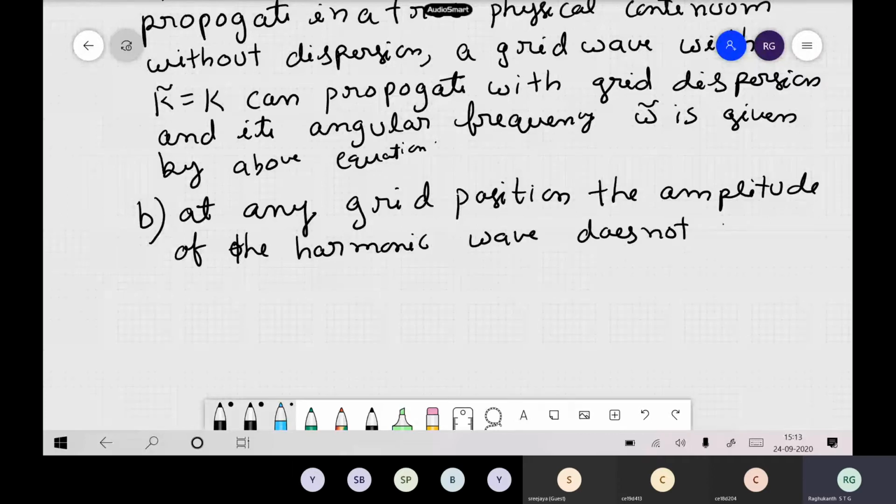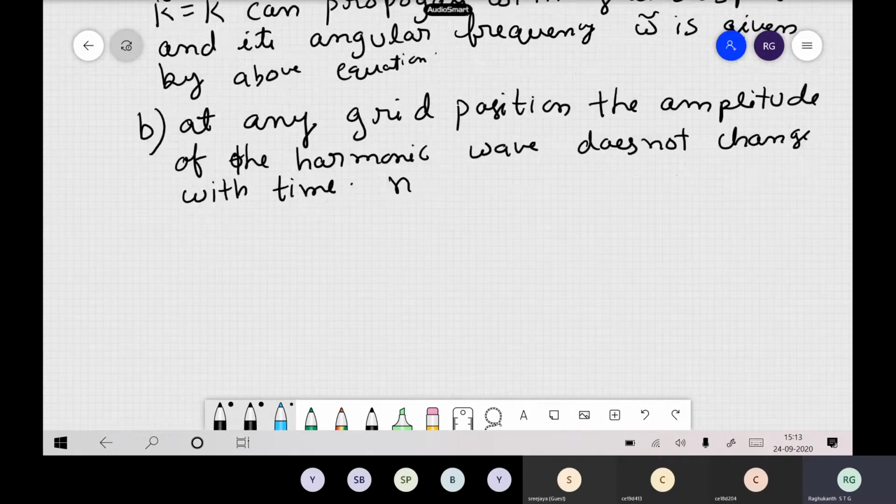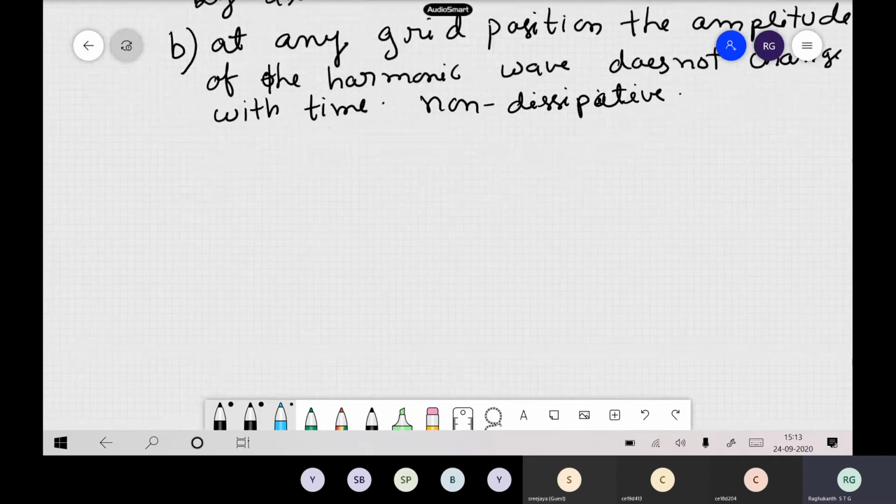Okay, this is what we wanted actually. So the numerical scheme is non-dissipative. Okay, so this is a non-dissipative scheme itself. So now this is one case.